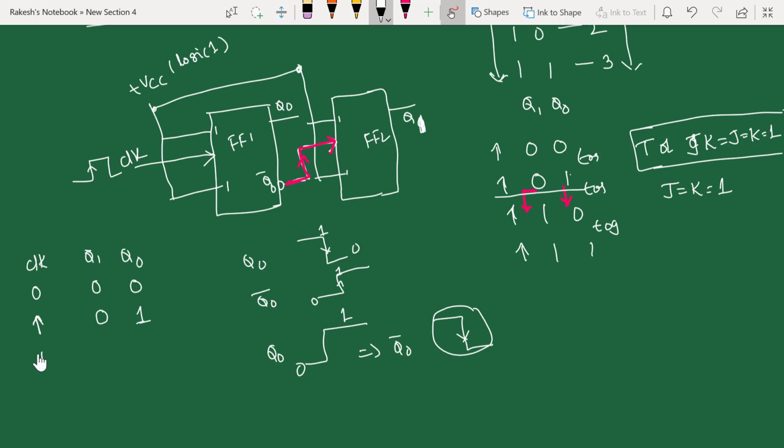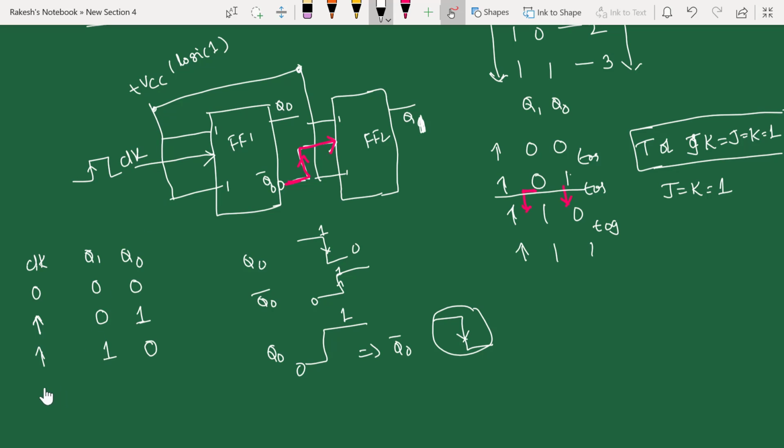Now when the second clock pulse is applied, your Q0 will move from 1 to 0. Whenever your Q0 moves from 1 to 0, your Q0 bar will move from 0 to 1. That means it is going to give an active clock pulse to the flip-flop. In this case, your Q1 will toggle to the 1 state because your J and K are again connected to the power supply.